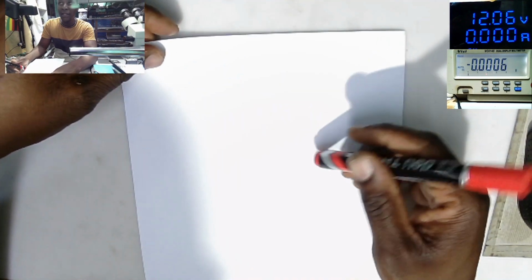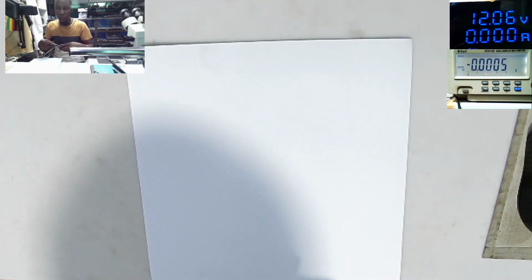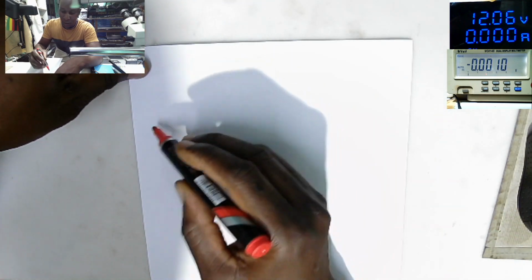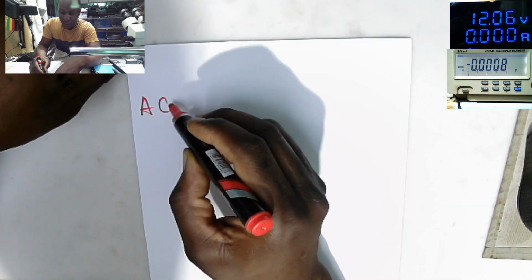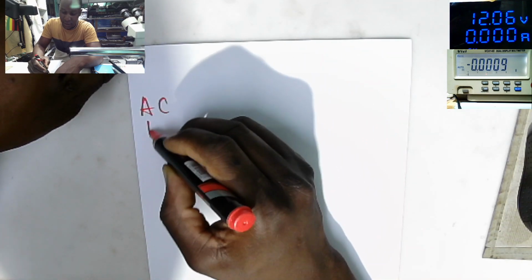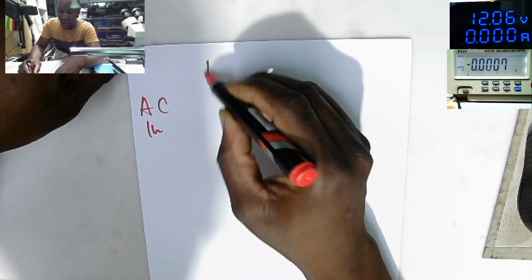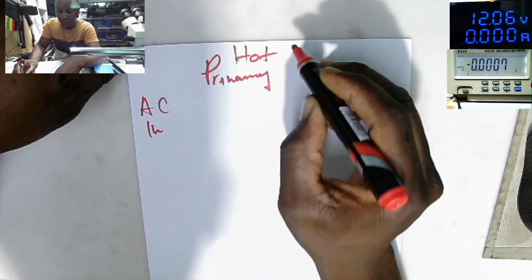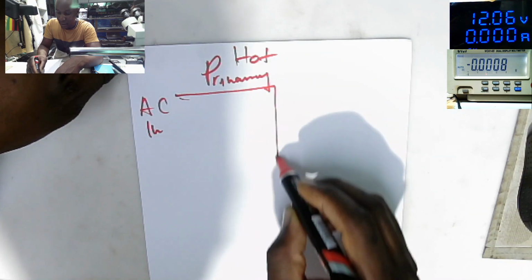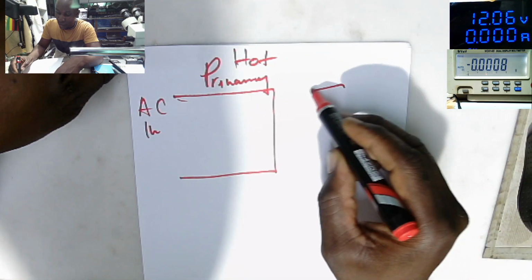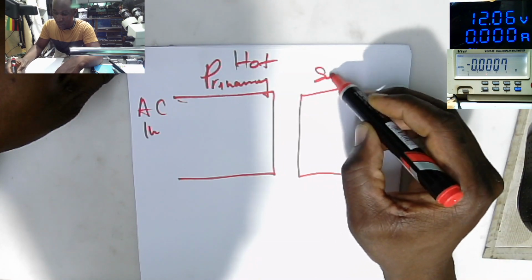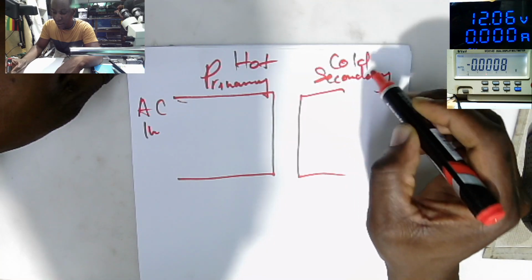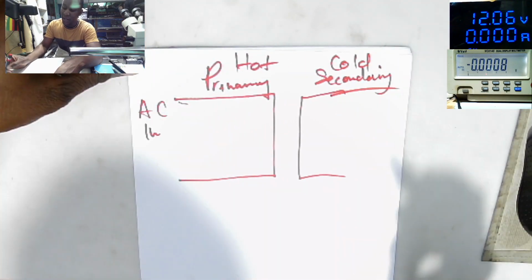So what is happening here? We have the AC in, and we have the primary, the hot side of the power supply here. On the other side, we have the secondary, or the cold side of the switching power supply.